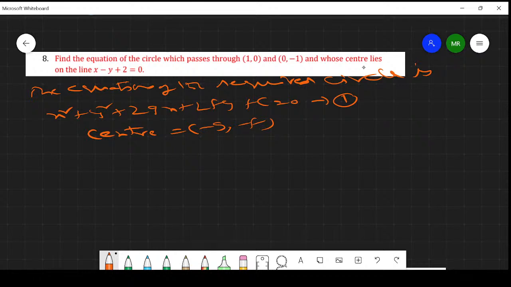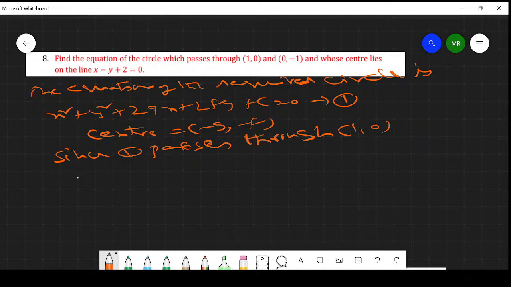Since circle 1 passes through (1, 0), because it passes through the point, substitute (1, 0) in this.